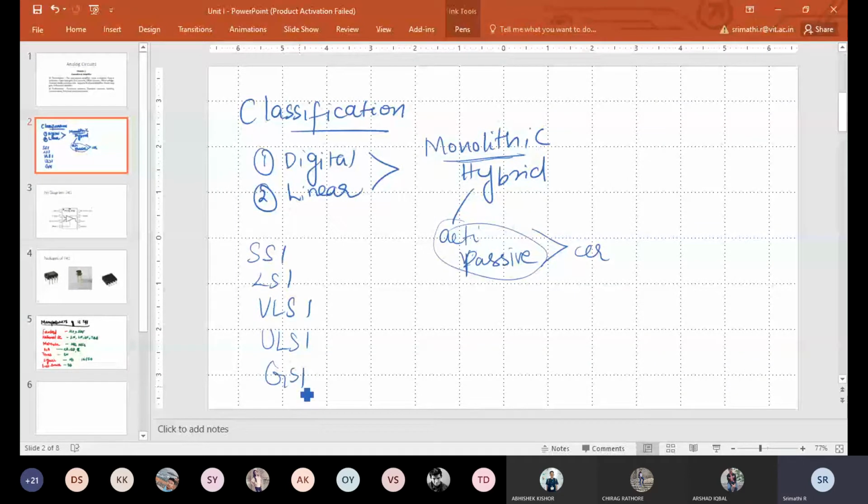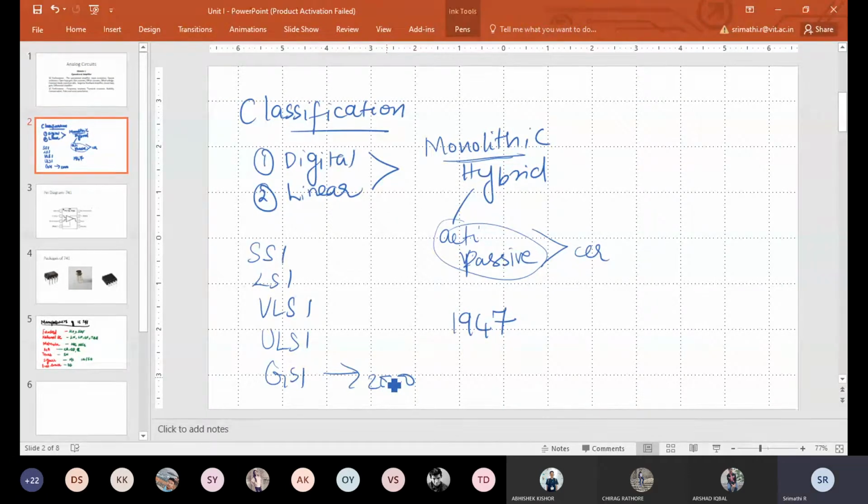The development of the silicon IC technology began in the year 1947, and in the year 2000, GSI has come up. So over the years from 1947 to 2000, the chip size has been reduced, and it will always be in mm square.